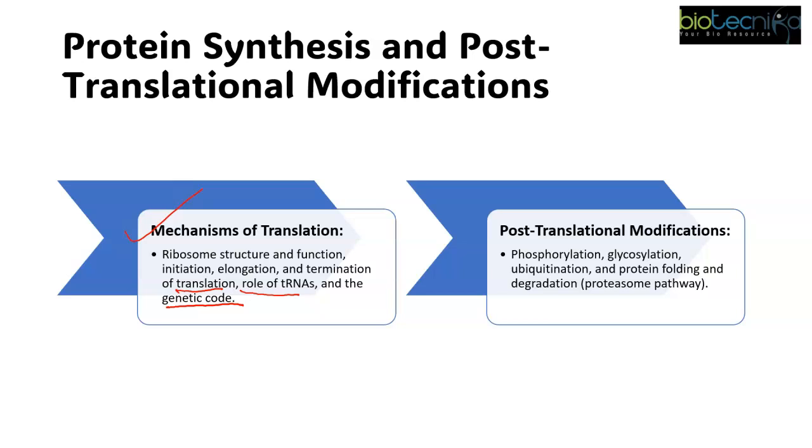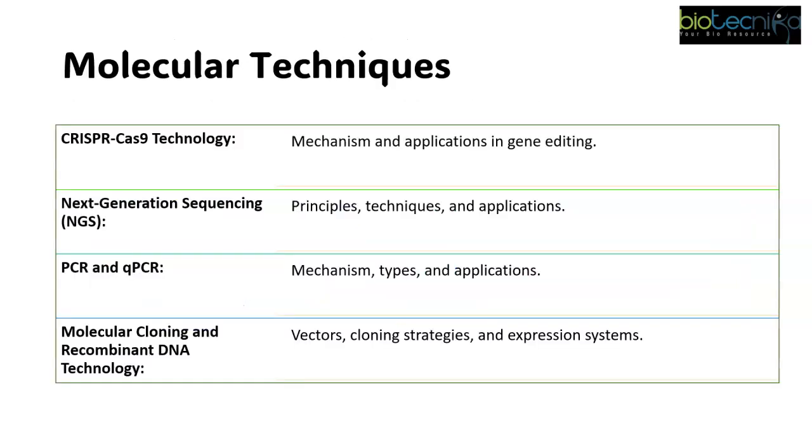For that, various modifications happen: phosphorylation, glycosylation, ubiquitination, protein folding as well as degradation, along with carboxylation. These are the various processes involving different chemical modifications of amino acids in that polypeptide chain to convert it into a functional protein. So you have to focus on post-translational modifications also.